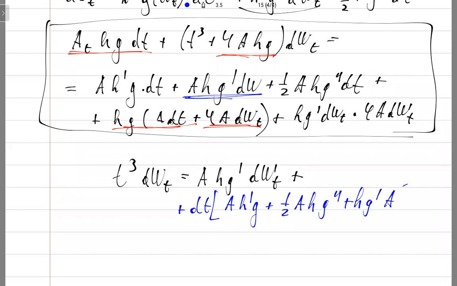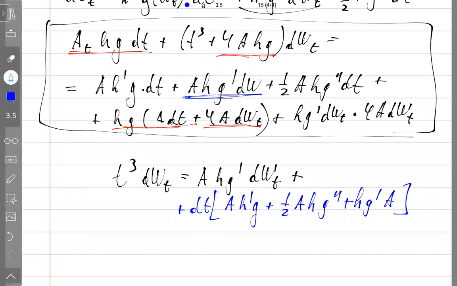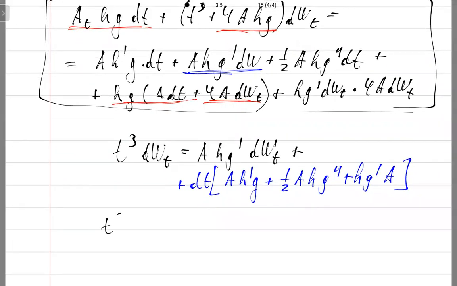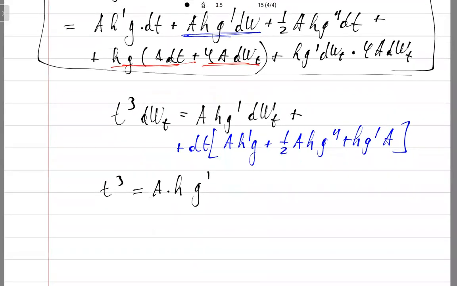So what do I have? I have that t cube is equal to a times h times g prime. What do I have?